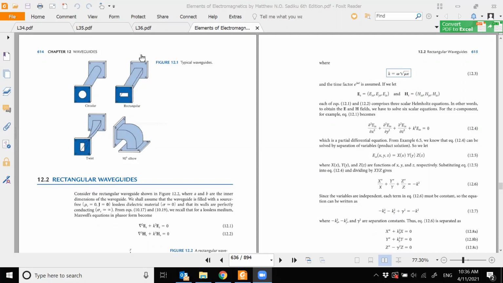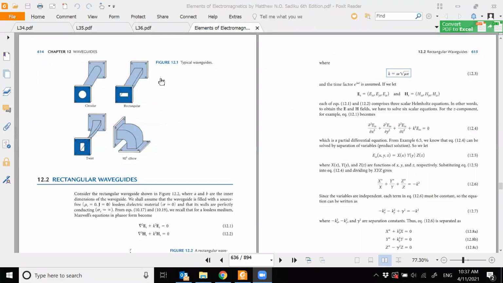Now, may I know, where have you seen this rectangular waveguide? You have seen it in your lab. In which experiment? And where did you see this? Yes, for the polarization, experiment number 8 and experiment number 9, both.